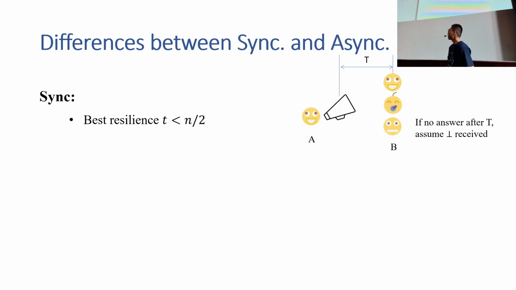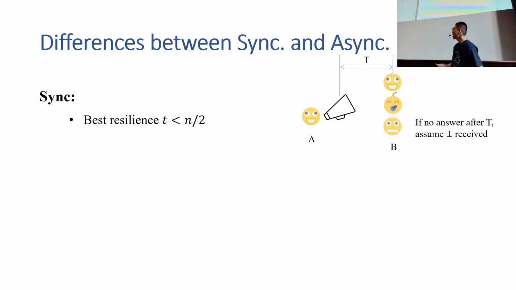Before introducing our results, I want to briefly mention the difference between the synchronous setting and the asynchronous setting. In the synchronous setting, there's a fixed time bound, so that if a party A sends a message to party B, then B should learn this message after this bound T. This also means that if party B does not receive this message, then it must be the case that A is corrupted and did not send the message to B. So B can just set this message to be some empty symbol and proceed.